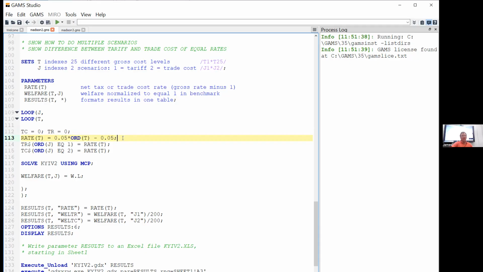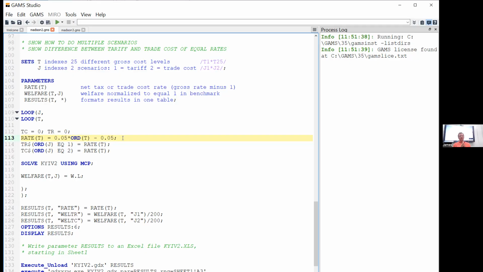Now, ord of T is just a GAMS command that turns a set index into an actual number. There's another way to do this, but I can't quite remember what it was. But even if the elements of a set are numbers, you can't multiply by the set index. It's some logical way, you can't do it.